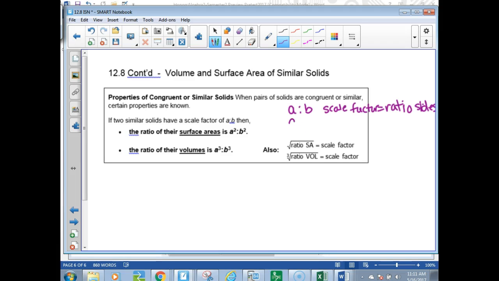When you square those, a squared to b squared, what's that the ratio of now? Well, it says right here, ratio of areas. And if you cube them, a cubed to b cubed, that's the ratio of their volumes.